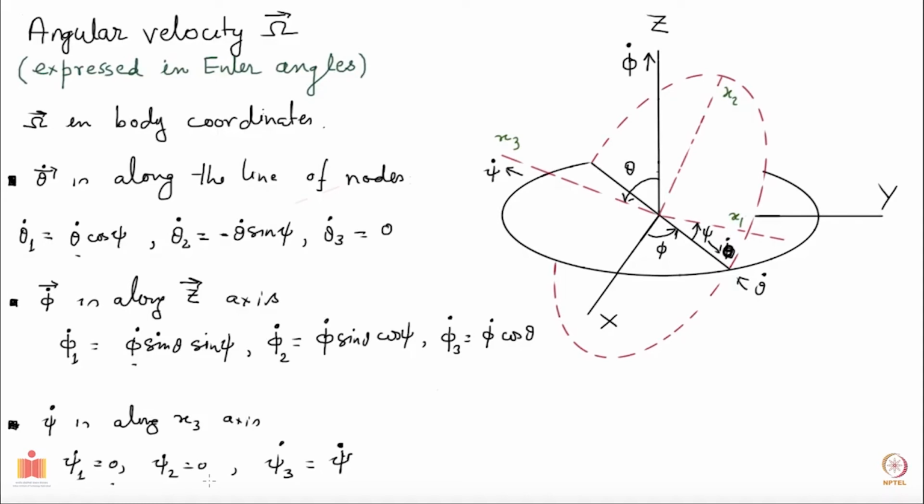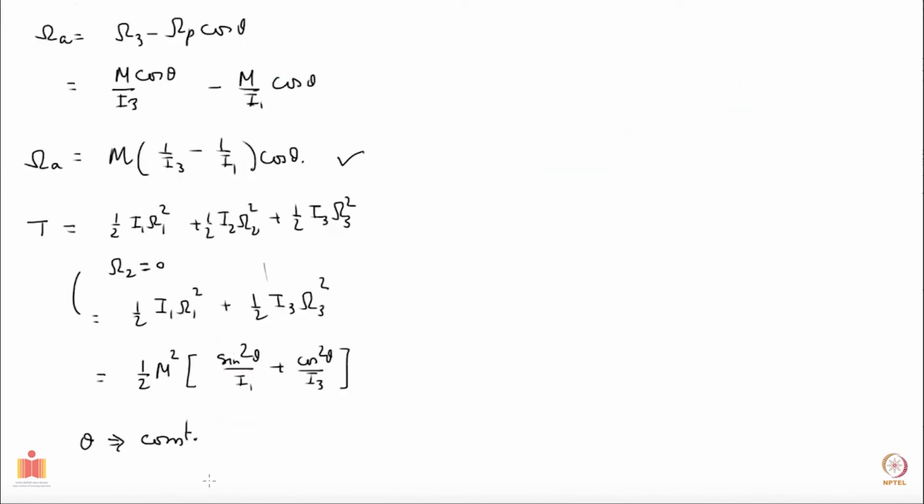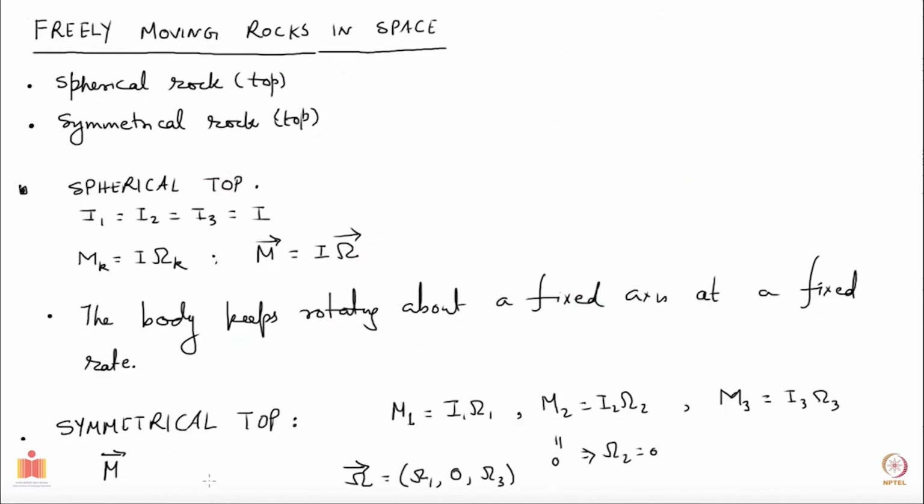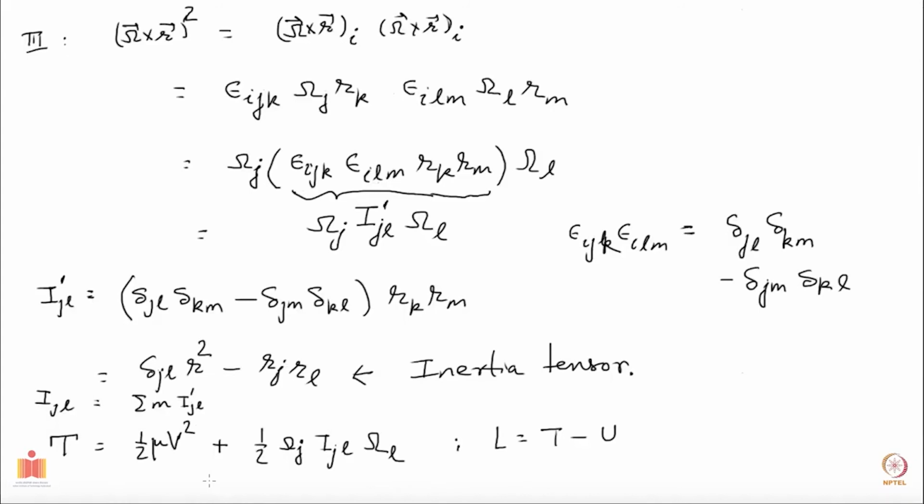Now the next thing I want to do is write down the rotational kinetic energy. As you may recall, we have written down an expression last time somewhere here. So this is the total kinetic energy of the system, and this part I call T rotational, this piece, half omega I omega.